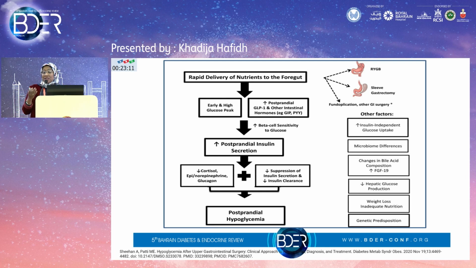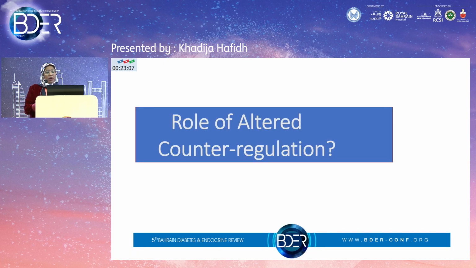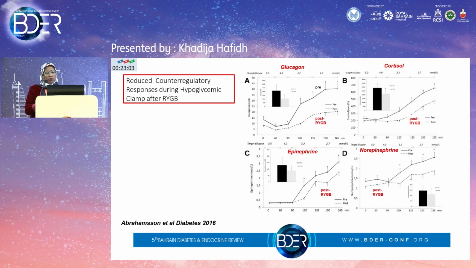There might be a genetic predisposition as well. So what about the role of this altered counter-regulation? And here are some graphs that actually show that there is indeed a difference in the cortisol, epinephrine, and glucagon levels.